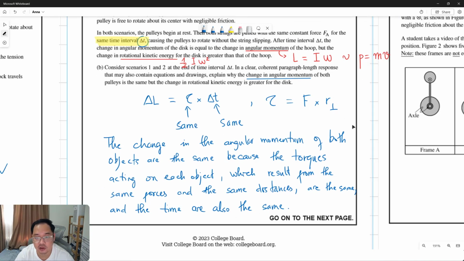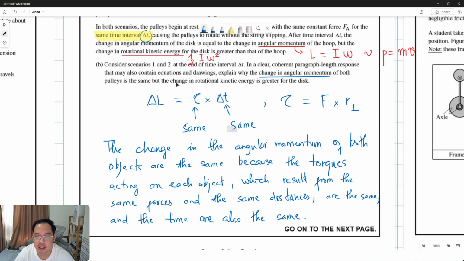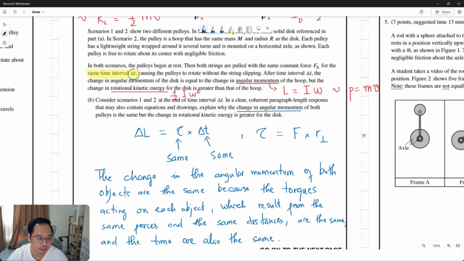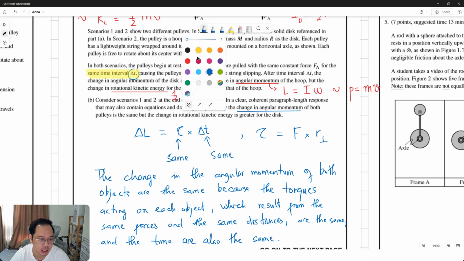It has enough information. The second thing is that we need to explain why the rotational kinetic energy is greater for the disk. The next thing that we need to explain is why the rotational kinetic energy of the two objects are not the same, even though their change in angular momentum are the same.